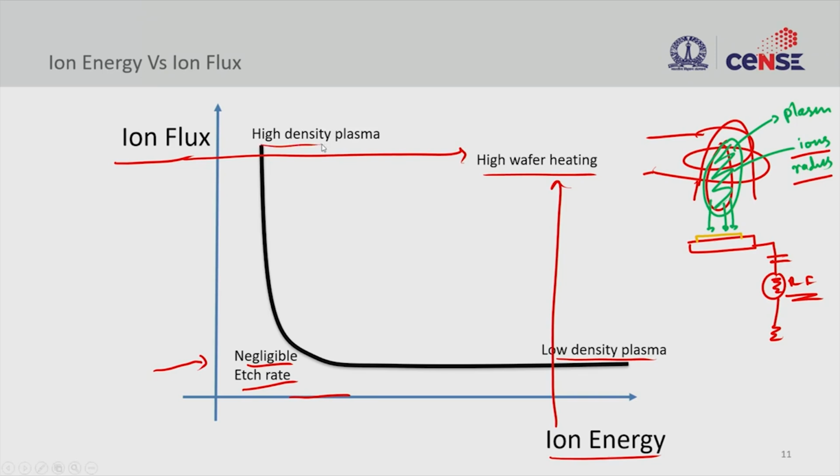So high density plasma and low density plasma depend on the ion flux and ion energy. If you have both of them high, then you will have heating on the substrate. When both of them are very low, you will not have any etch at all. So one needs to find a sweet spot between ion energy and ion flux.